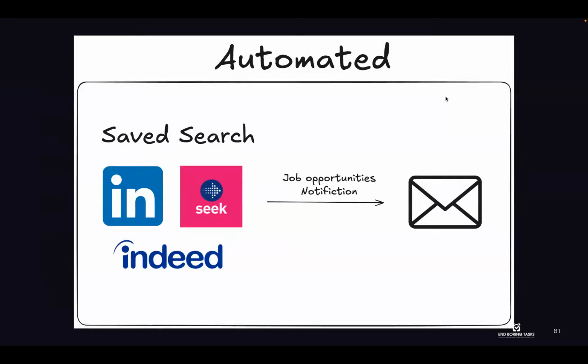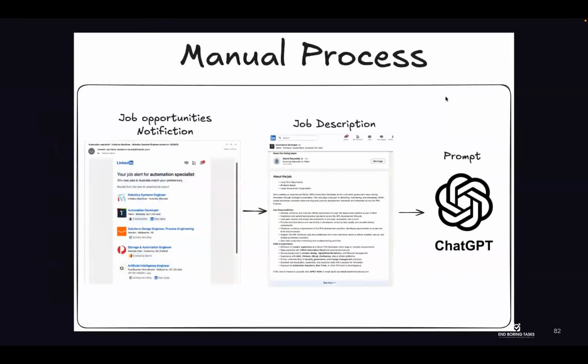But that was only part of it, because the second part was to open the job description, copy the content, paste it into ChatGPT, and ask, can you compare this job description with my LinkedIn profile and tell me three things? Tell me in percentage how much my profile matches this job advertisement. Give me a summary of your analysis. And the last one, give me your recommendation. Should I apply or not for this role?